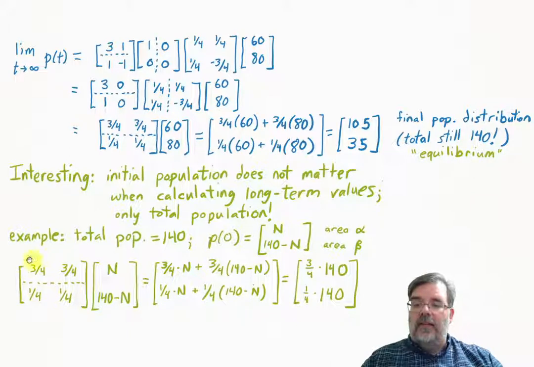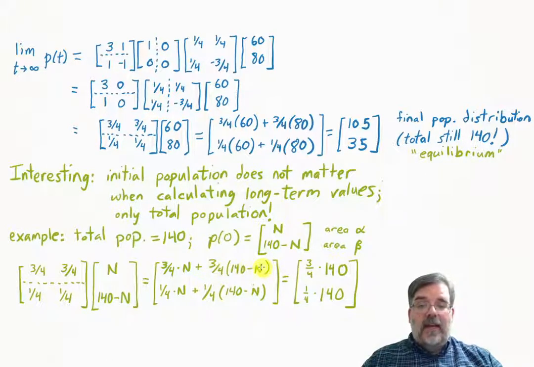So if you calculate this matrix product, this is P times D to the t times P inverse, and you multiply that by this initial population, notice that we're going to have, for instance, across the top, 3/4 times n plus 3/4 times the quantity 140 minus n.